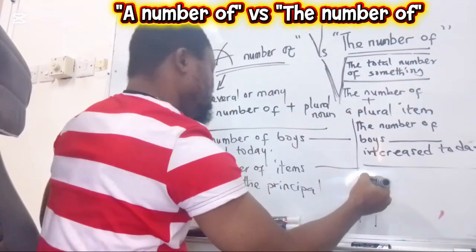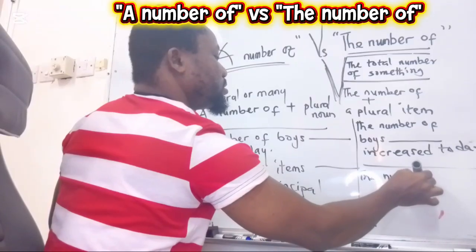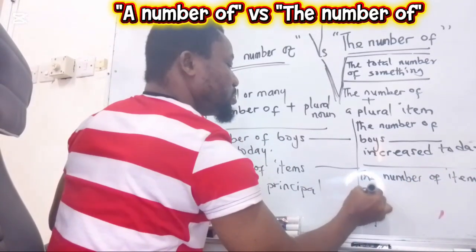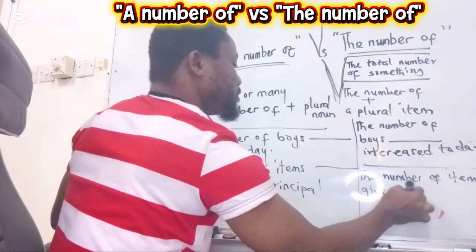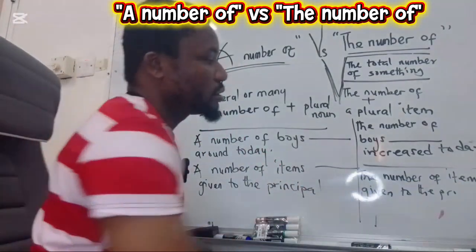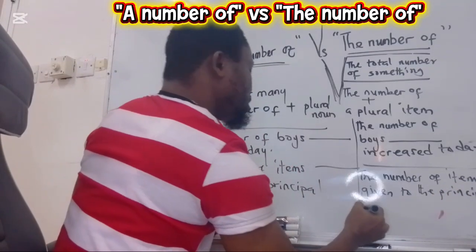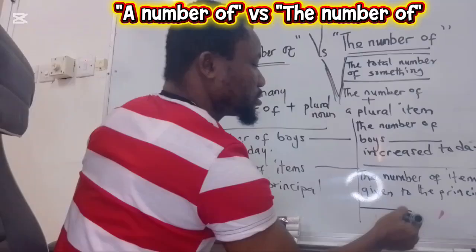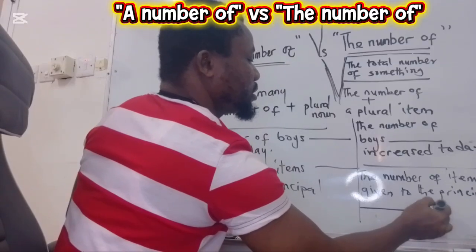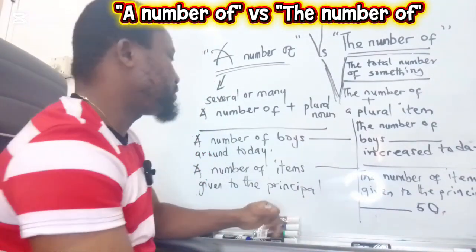Number two, the number of items given to the principal dash 50. The number of items given to the principal dash 50.